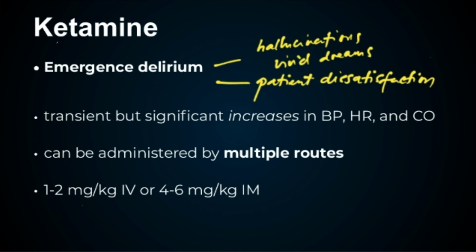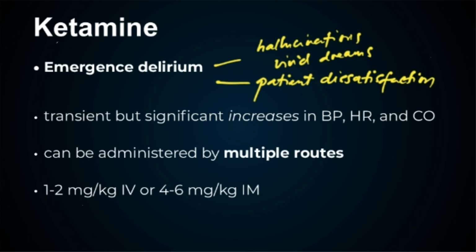Ketamine also produces transient but significant increases in systemic blood pressure. So you do not want to use this in patients who have cardiovascular problems. It can also increase heart rate and the cardiac output, maybe because of centrally mediated sympathetic stimulation.